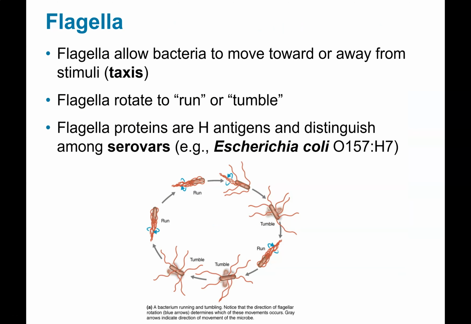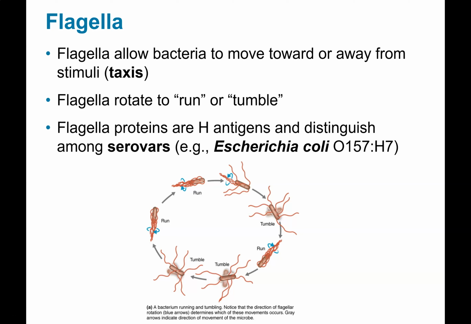So, as you saw in the animation, flagella move the bacteria when the flagella spins, right? And that movement is called taxis, and they can be moving towards or away from something.